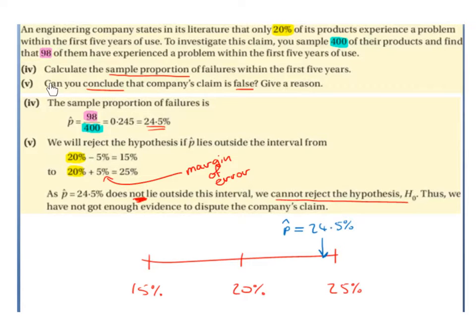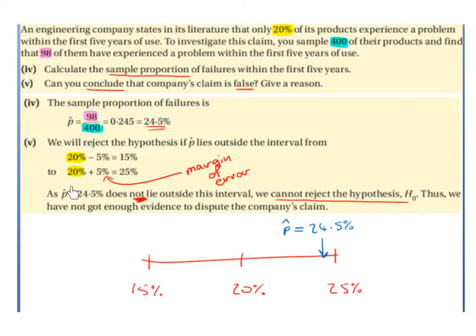Part 5. Can you conclude that the company's claim is false and give a reason? We will reject the hypothesis if p hat lies outside the interval from 20% minus 5%, which is 15%, to 20% plus 5%, which is 25%. So the 5% was the margin of error.